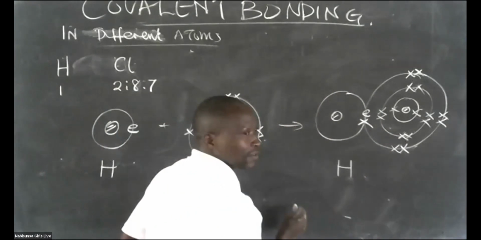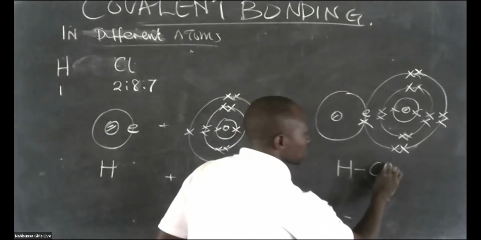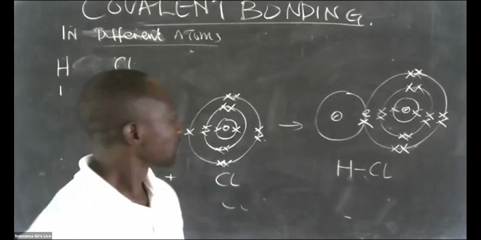So this is H, single bond. H, single bond. 2 electrons are being shared here, but it is contributing 1. Hydrogen chloride.